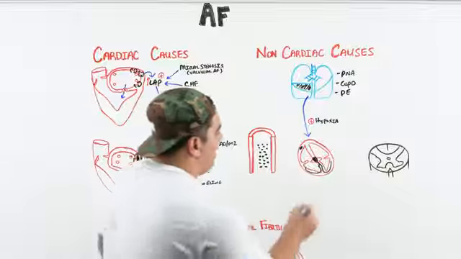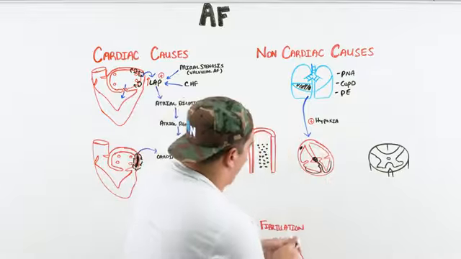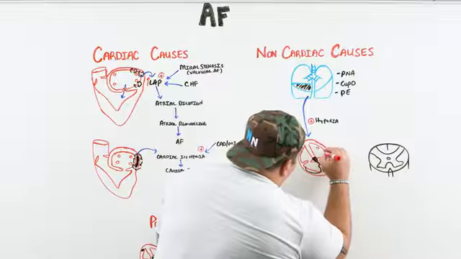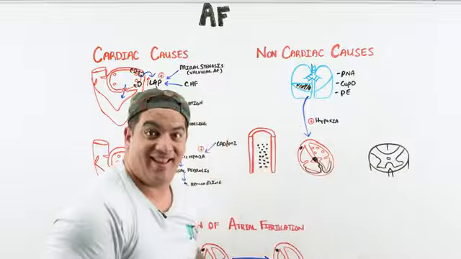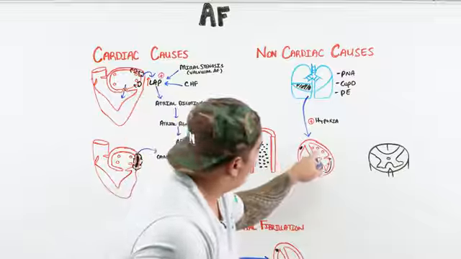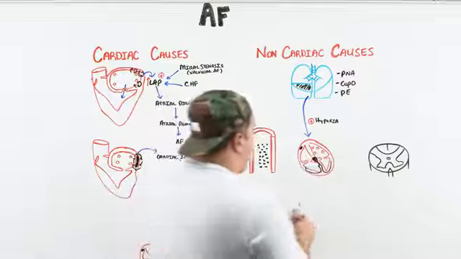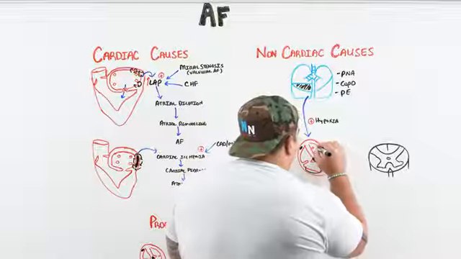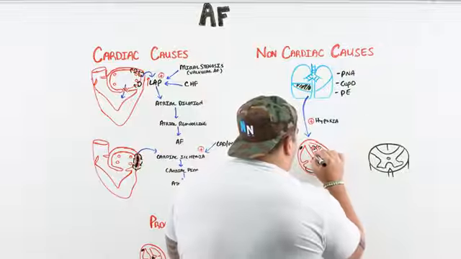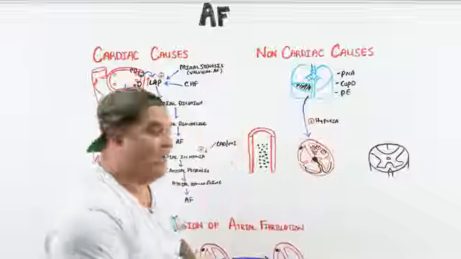You know what that does? Near the atria, you have these things called the pulmonary veins. Blood is supposed to come back from the lungs via these into the left atrium. The cells right around this area are super sensitive to hypoxia, and they become ticked off. And when they get ticked off, they start firing. You know what we call that?